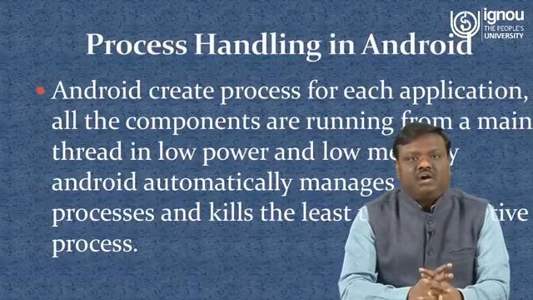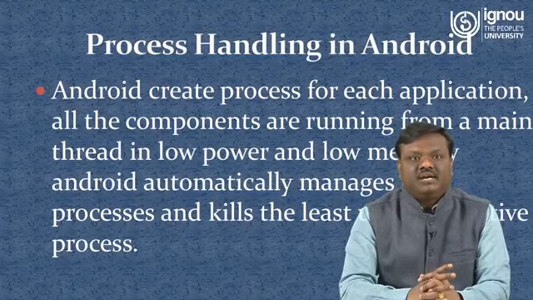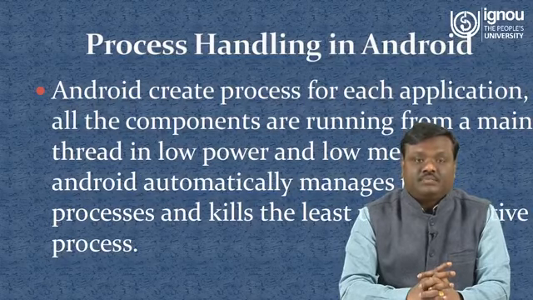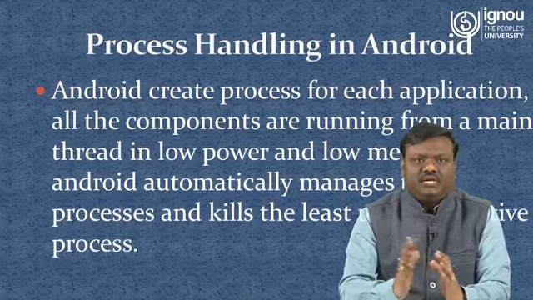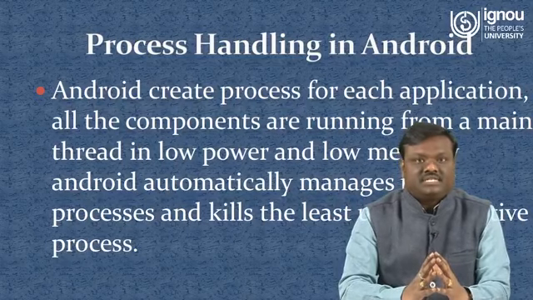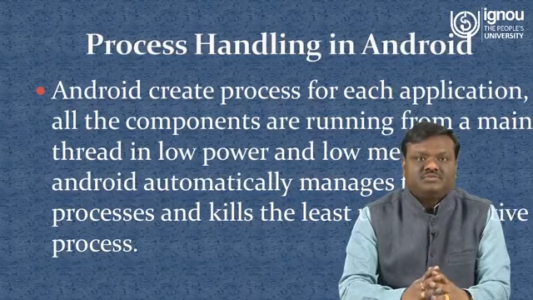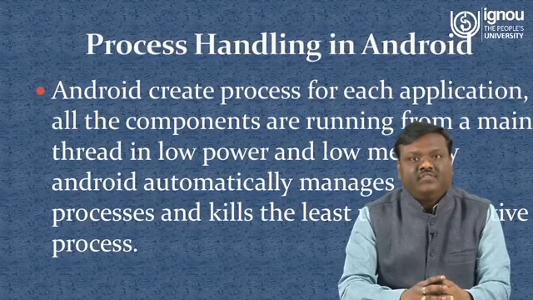Then comes the process. What is a process? A program in execution is called a process. So how is the process handling taking place in Android? In the core operating systems, we had seen several processes handling. In MCS 203, Unit 2, Unit 3, we had studied process handling in various operating systems.